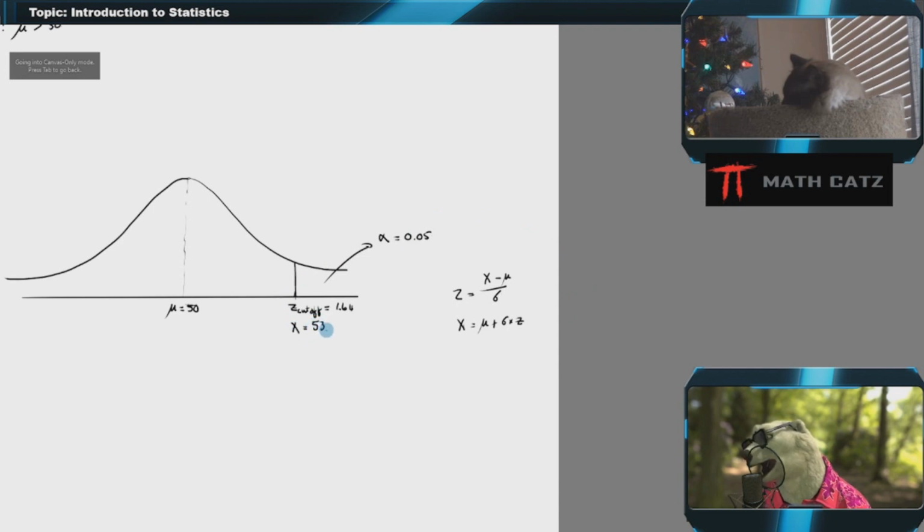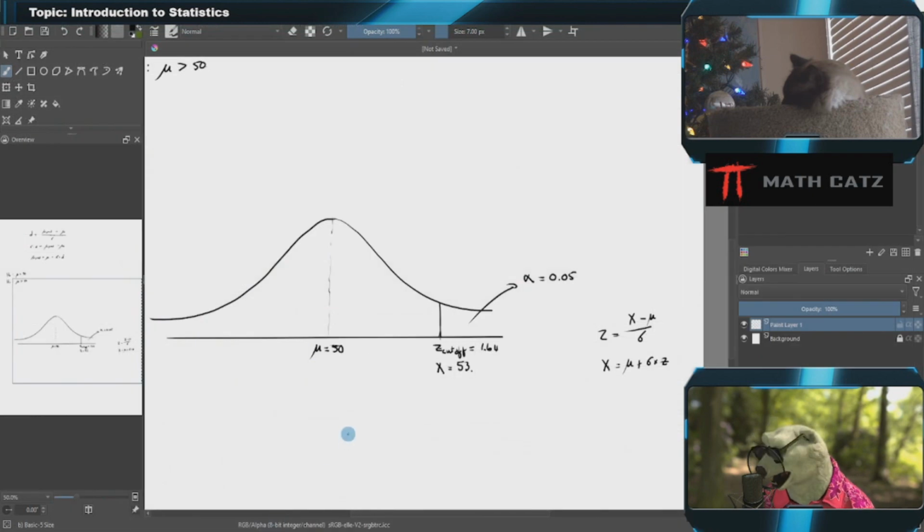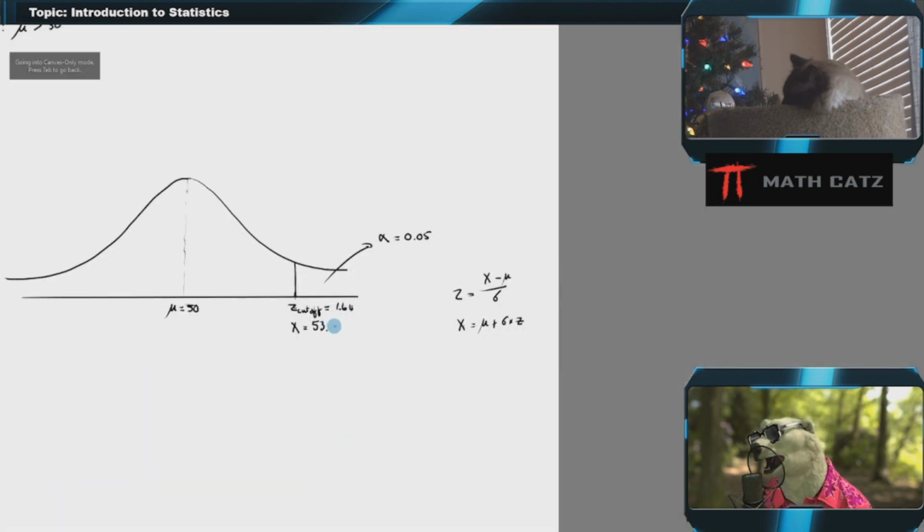53. No, I don't want to use one decimal. Was it 2.8, I think? I can't remember now. Let's have a look again. 2.9, I guess, if I round to 2 decimal places. A lot of screen switching here. 53.29. All right.